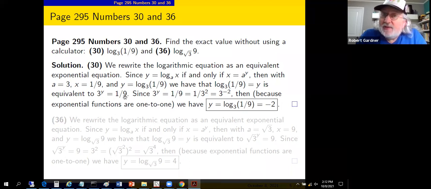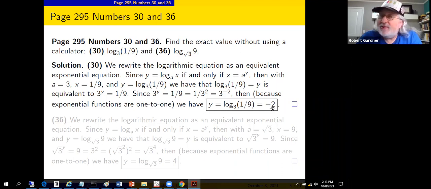Now we need to solve this for y. Well, 3 to the y equals 1/9. The only way we can do this with what we currently know is by writing 1/9 as a power of 3. Well, 1/9 is 1/3 squared. Got that 3 squared in the denominator. It can be rewritten as 3 to the -2. So we get 3 to the y equals 3 to the -2. The only way the exponentials can be equal with a common base is when the exponents are equal.